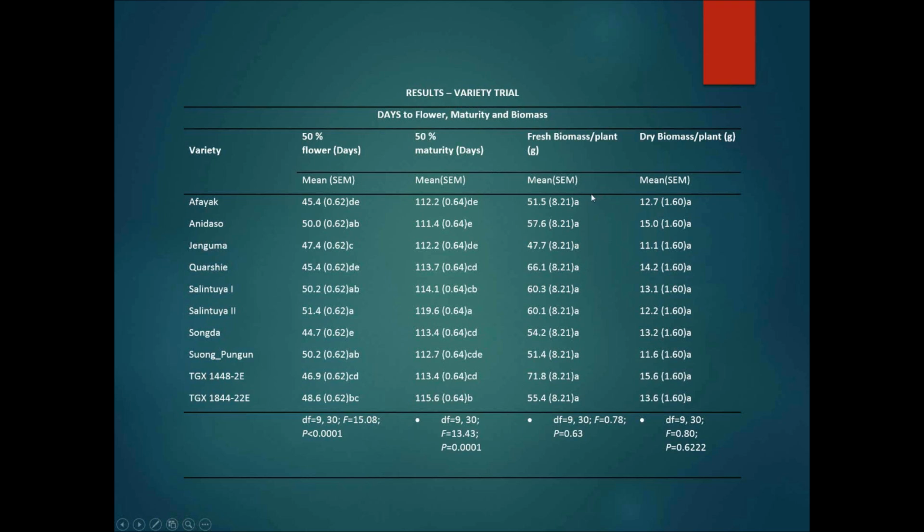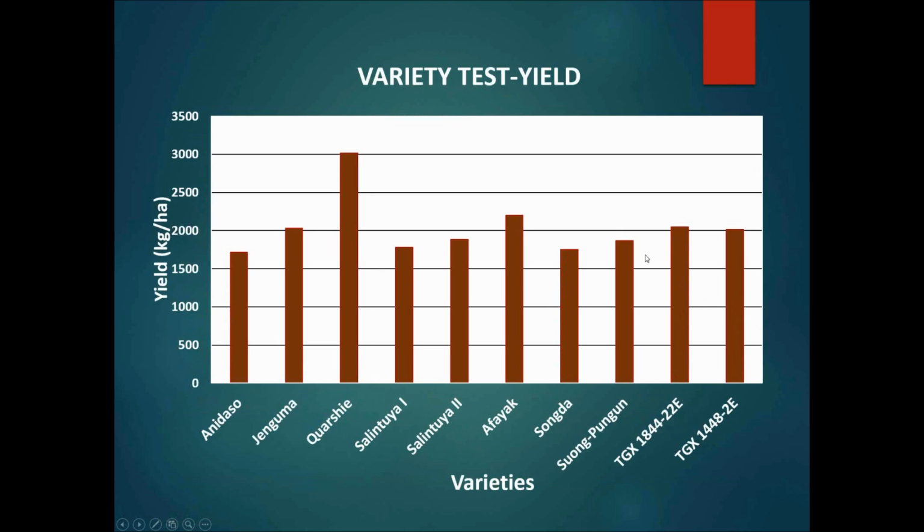I had no differences in terms of biomass among the varieties, both fresh biomass and dry biomass. For yield in the variety tests, Kwashi came up looking very high, up to 3,000 kilograms per hectare, with the lowest coming from Songa, slightly above 1,500.